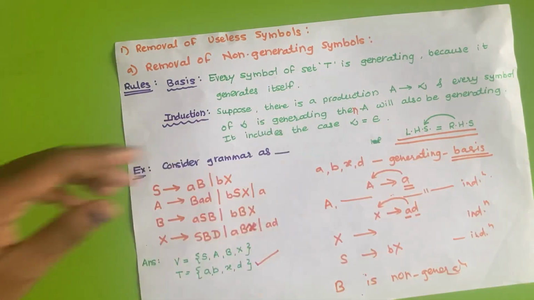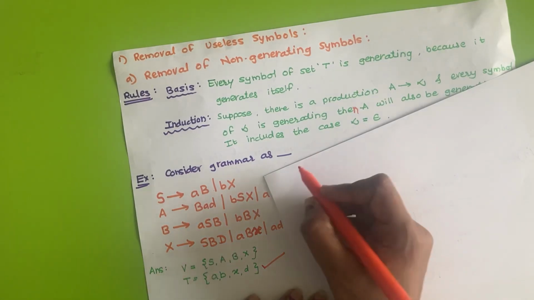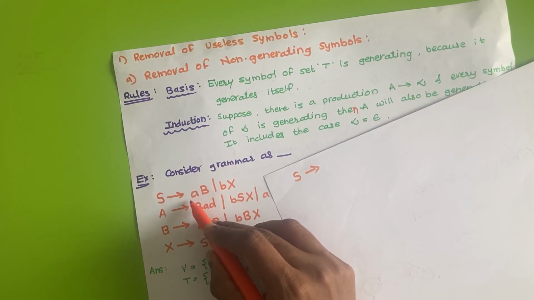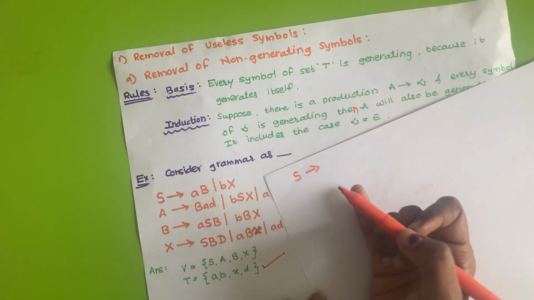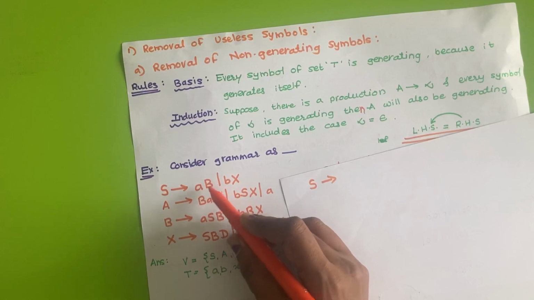We have to remove all the productions that contain B. S tends to small a capital B: here we have B, so this production will not be there in the further set of productions. So S tends to AB will be omitted.